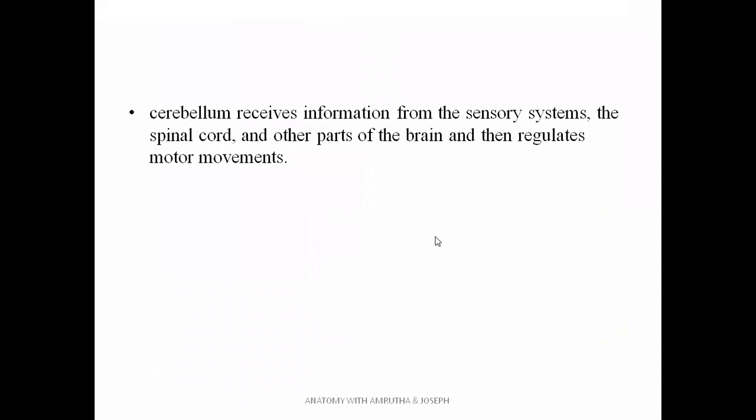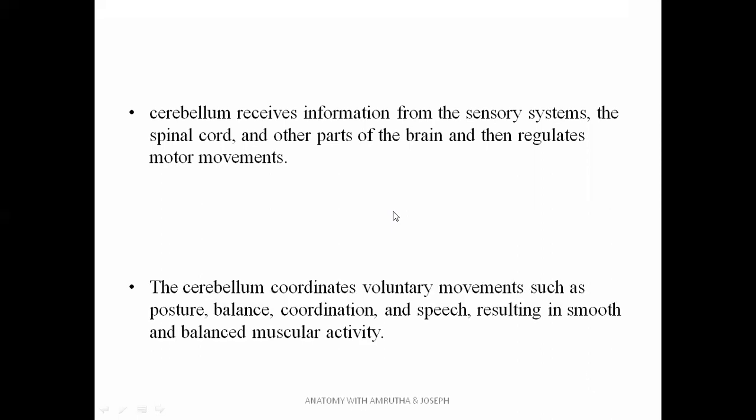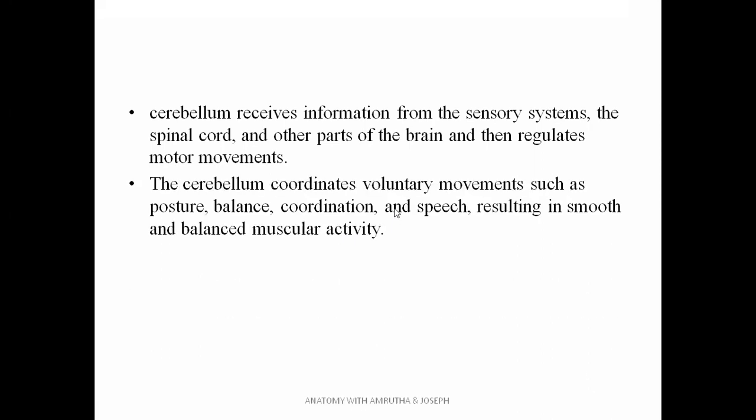The cerebellum receives information from sensory systems, the spinal cord, and other parts of the brain, and then regulates motor movements. So as I mentioned before, it is going to regulate the motor movements of the body. The cerebellum coordinates voluntary movements such as posture, balance, coordination, and speech, resulting in smooth and balanced muscular activities.